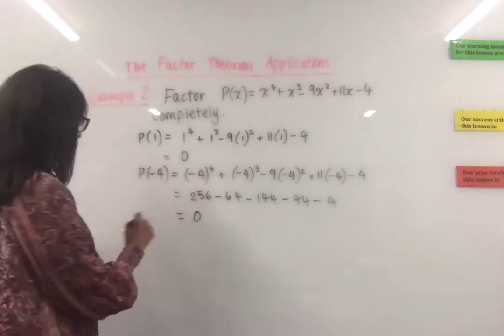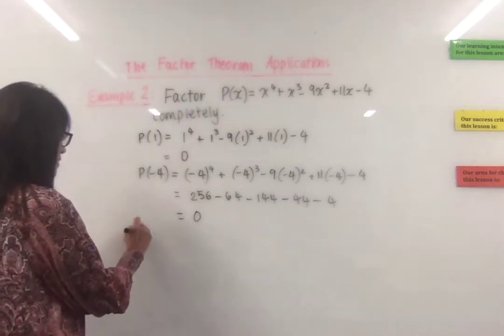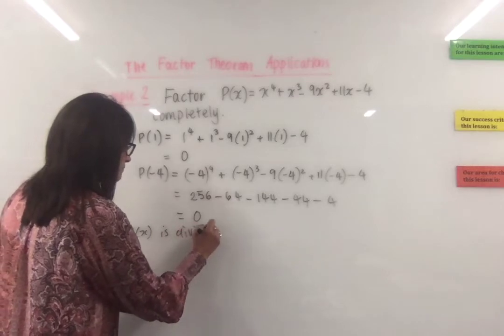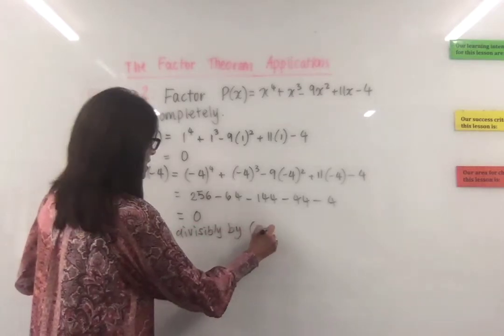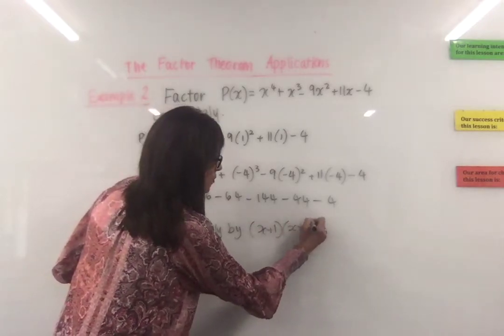So now we know that this polynomial, P of x, is divisible by x minus 1 times x plus 4.